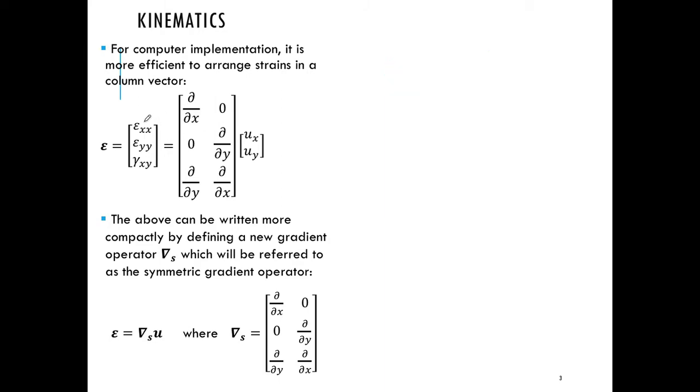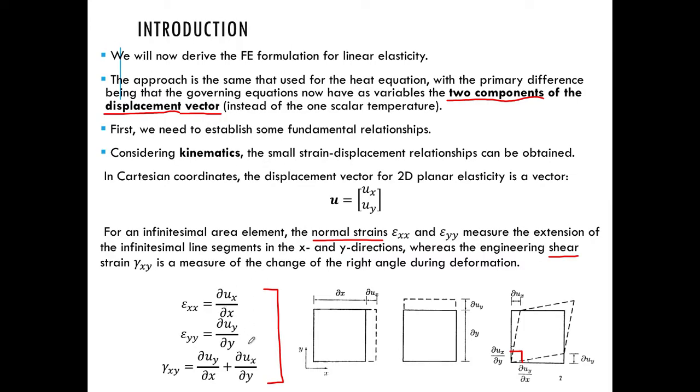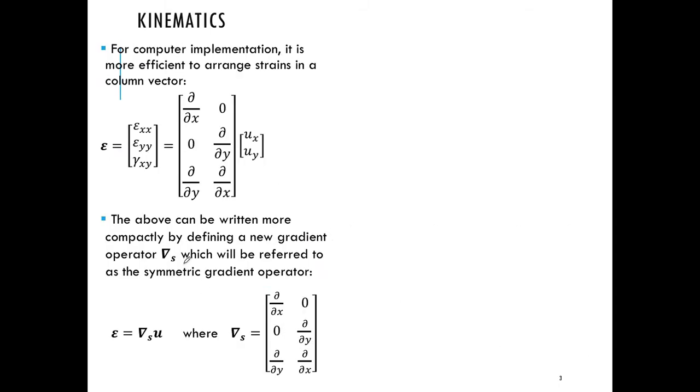So if we are to write it in vector format in terms of our displacement variables, then we need to introduce this new matrix right here. So going from these equations onto this matrix format, I need to introduce this del operator matrix, which is a new del operator for us.